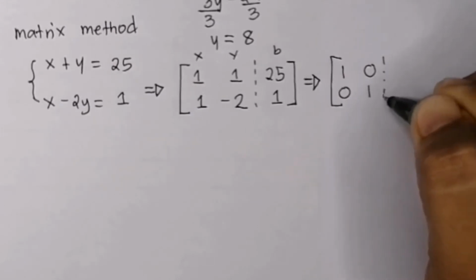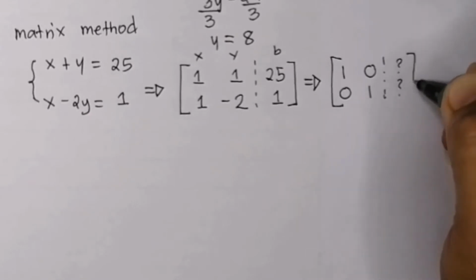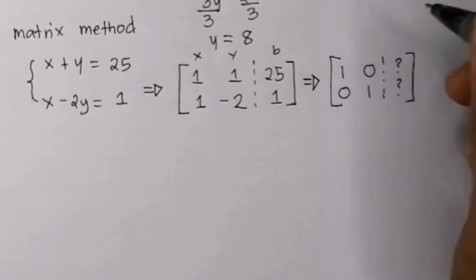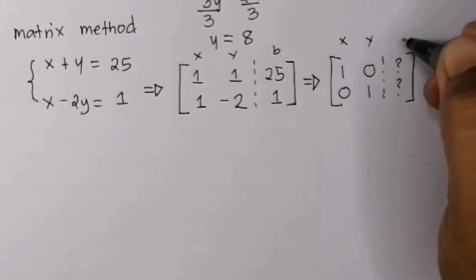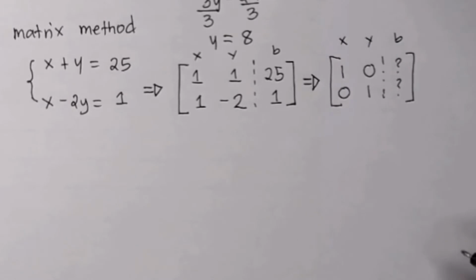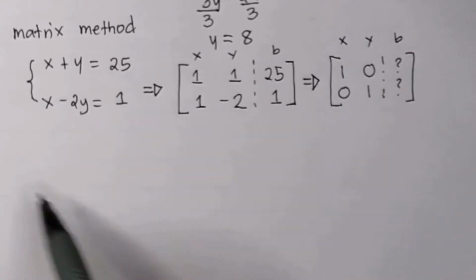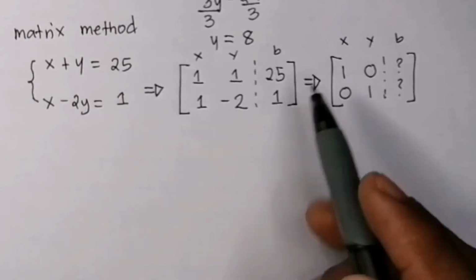Then what will be the solution here? We don't know yet, so later we're going to solve it so that we will be able to know. This is for the x, this is for y, and let us state it as letter B. So how are we going to solve the system of linear equations using the matrix method?